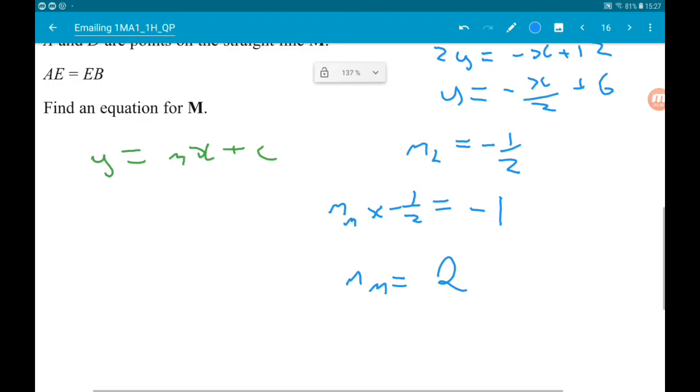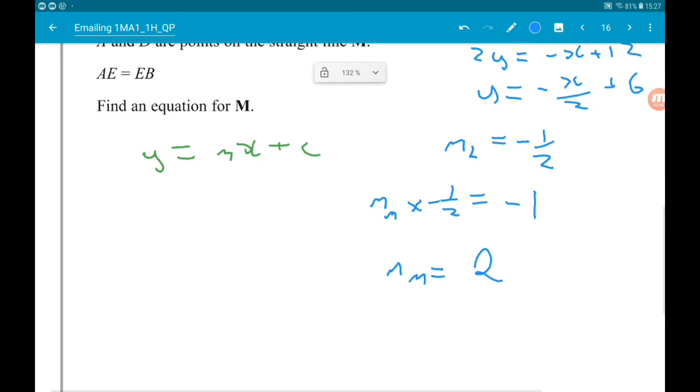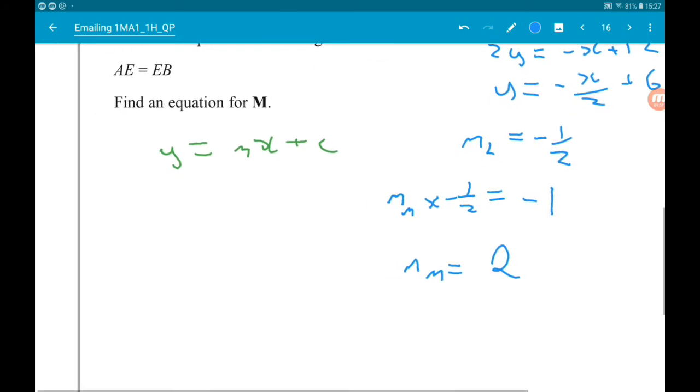So up to here, we can now say then that M is of the form y equals 2x add c.